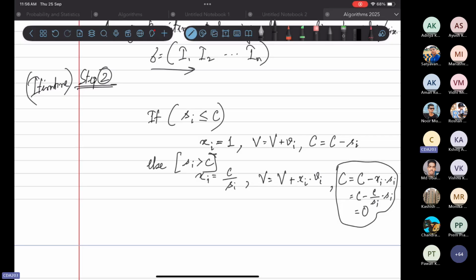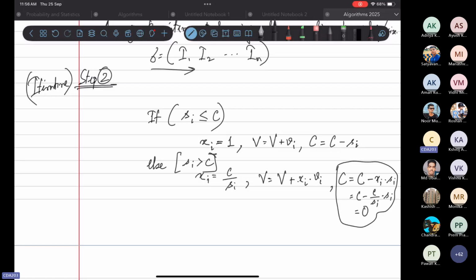This is almost the last step, that last item that we are allowed to add. So we see that the most precious item, whatever the items left available to us, I'm looking at the most precious item and I'm not allowed to take the full item.